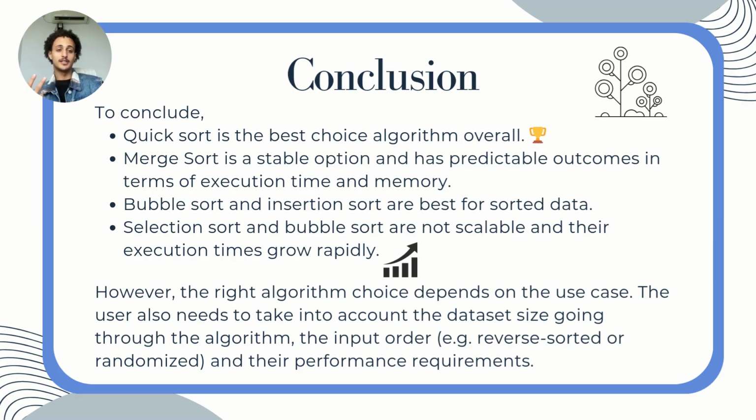Insertion sort works best when the data is already sorted or almost sorted. However, selection sort and bubble sort are not ideal for large datasets because their execution time increases too quickly.